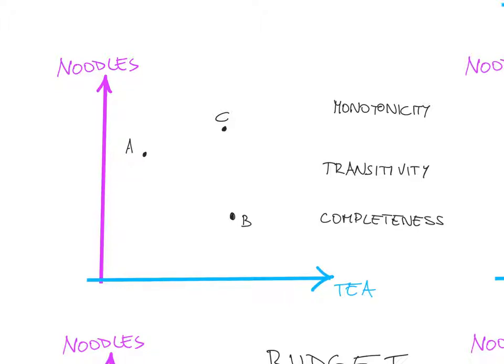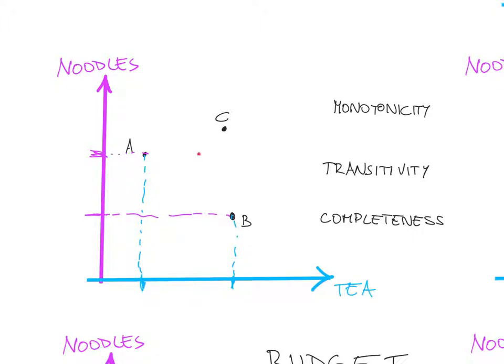So this point A is a combination of some number of units of noodles, right there. That's how many. And similarly, it's also some quantity of tea, right there. For B, again, that's some quantity of tea, and some quantity of noodles.